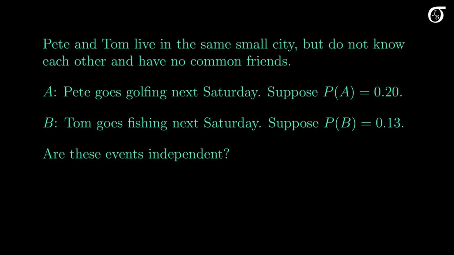But that doesn't mean these events are independent in a probability sense. Although we can't check this mathematically with the given information, in any practical scenario, these events would not be independent. Tom and Pete are both influenced by other common factors, the major one here being the weather. Both of these events are much less likely to occur if a severe thunderstorm rolls through, say.